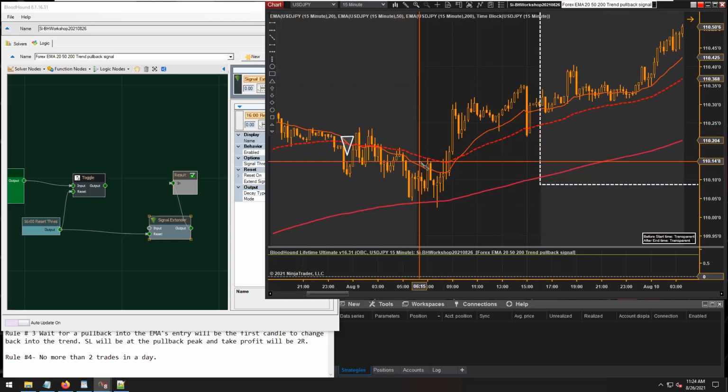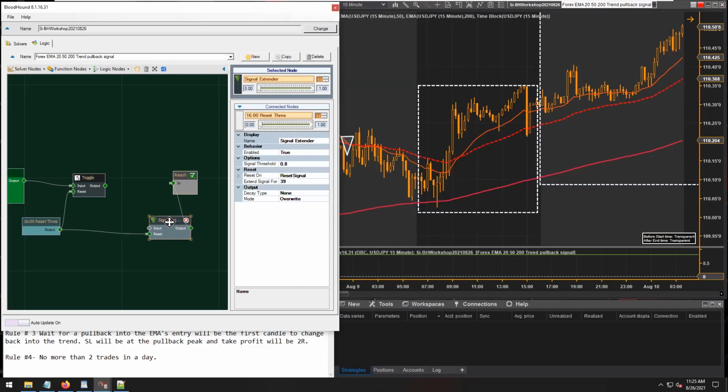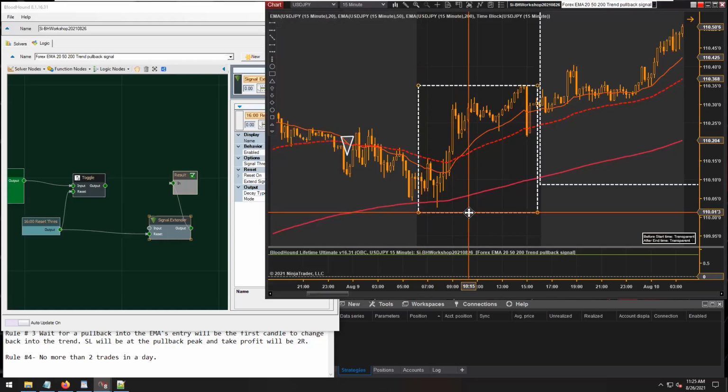Let me grab a square, and this area here is where the signal extender will be identifying that. Then we can be looking for the pullbacks here.